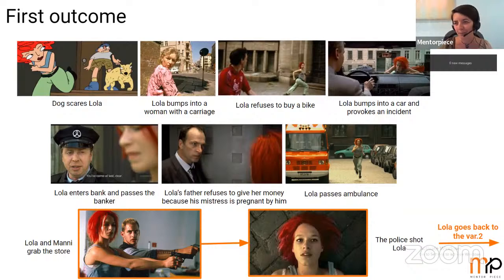Lola passes some ambulance car. Lola and Manny decide to rob the store, and police come and shoot Lola. So at the end of this first outcome, Lola dies and goes back to variant number 2, to the beginning of the film again.